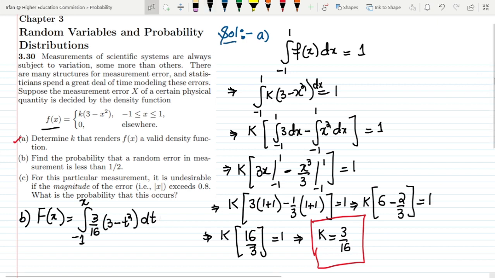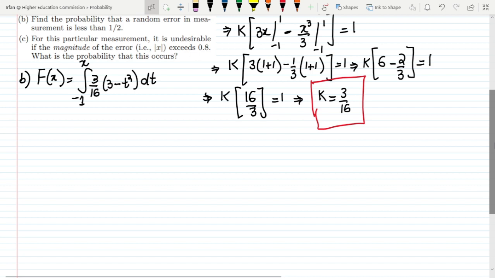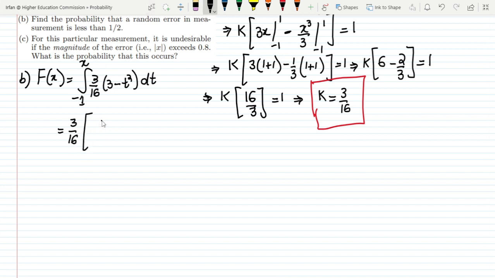Integrating it, what I will get is 3 by 16, and here separately integrating each one: this will be 3 dt from minus 1 to x, and minus the integral from minus 1 to x of t square dt.